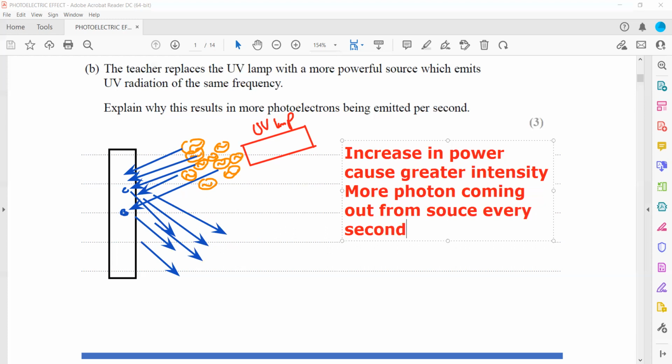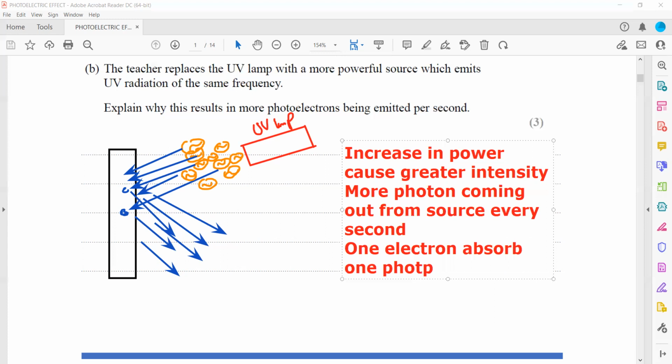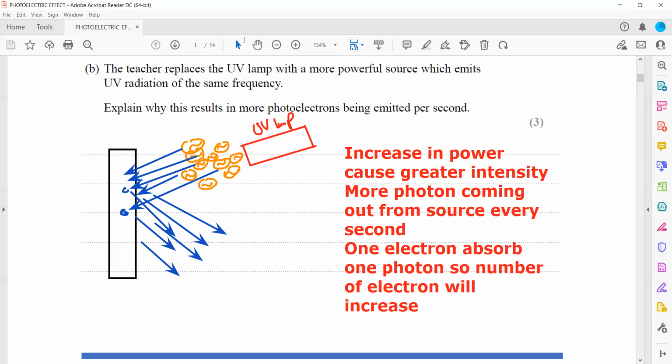So there are more photons coming out from the source every second. And as a result, one electron absorbs 1 photon, so the number of electrons will increase. So you have to explain this observation.